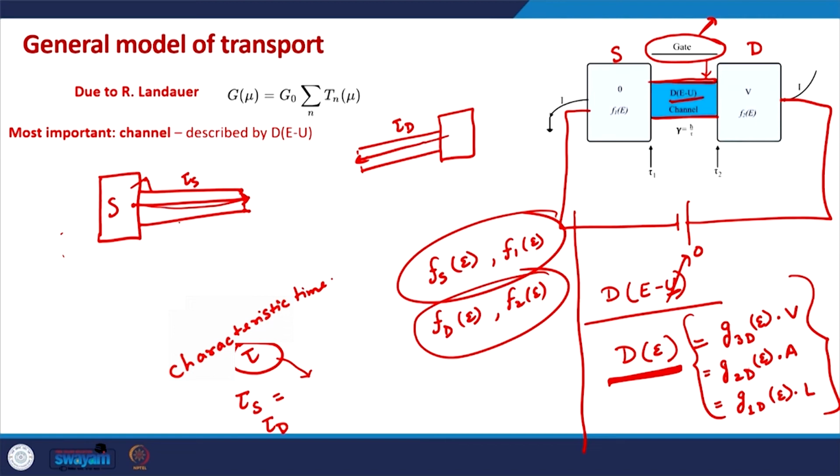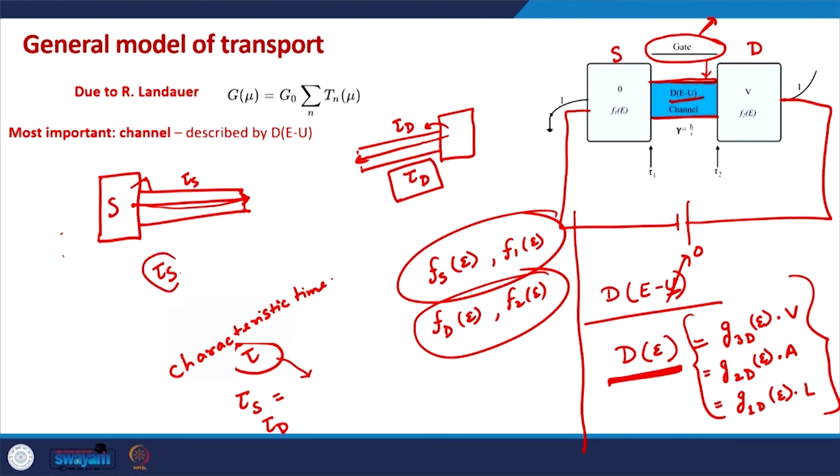The time for which it engages with the channel is tau s, and the electron that jumps from the drain into the channel and crosses through the channel to the other end engages with the channel for a time tau d.